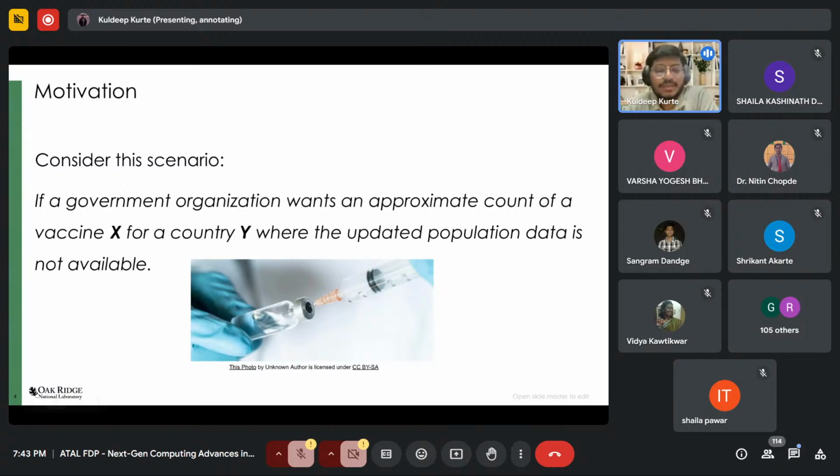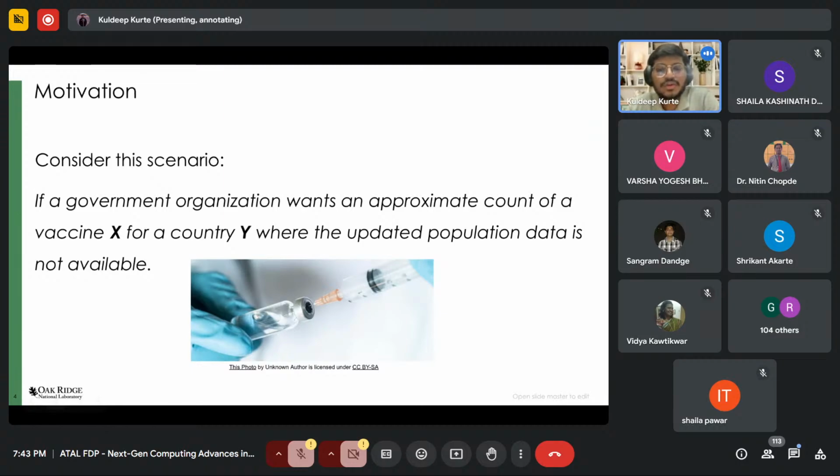And being from the geospatial background, the natural solution that we adopted was using remote sensing images. Can we at least estimate the population of the country? Remote sensing imagery was the only information available to us at that time. So I'm going to discuss the method that we adopted. But is this motivation or the problem statement clear?